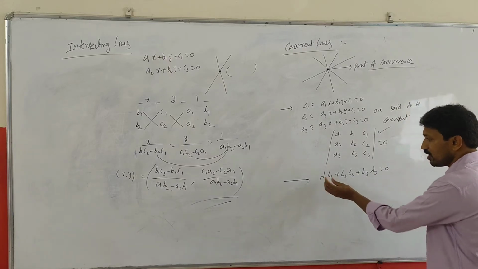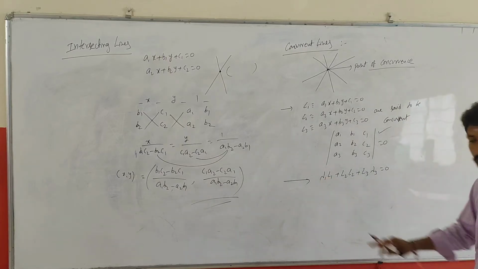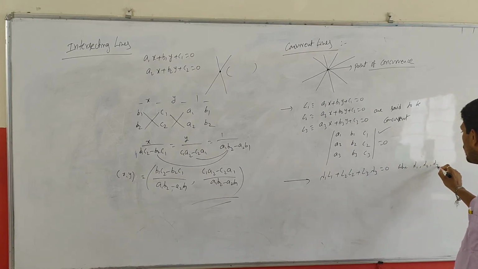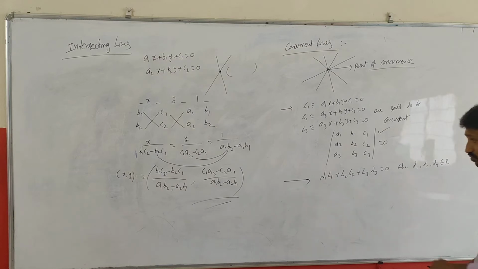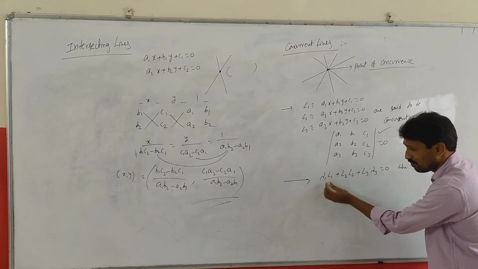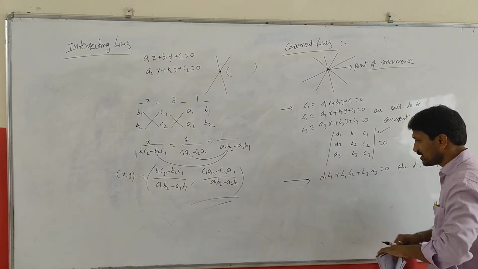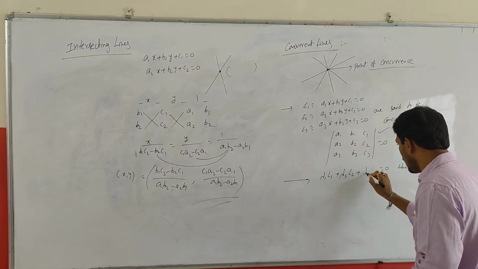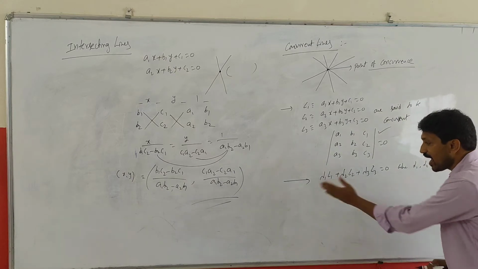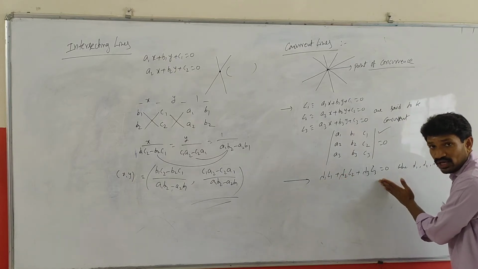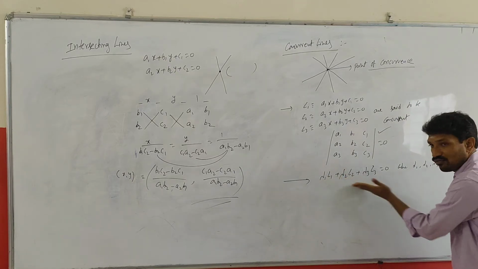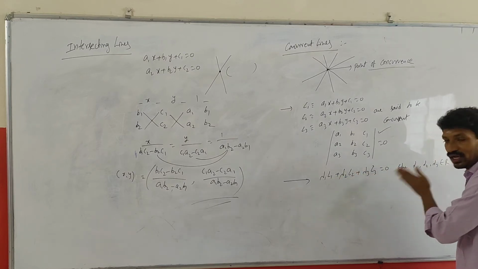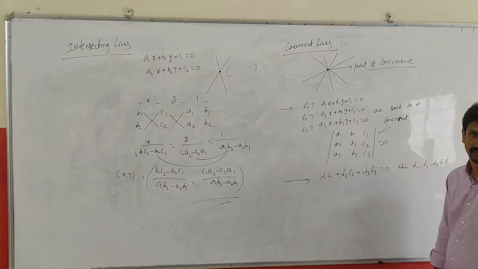That means you take some real constants, where lambda 1, lambda 2, lambda 3 belong to the real numbers. By multiplying something to L1, L2 and L3 and adding them, if the sum of these three is 0, then we can say these three lines are concurrent lines.